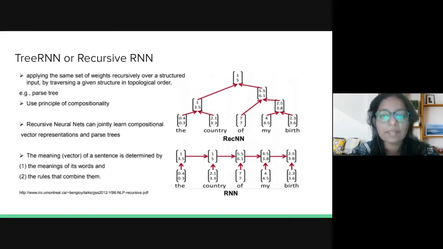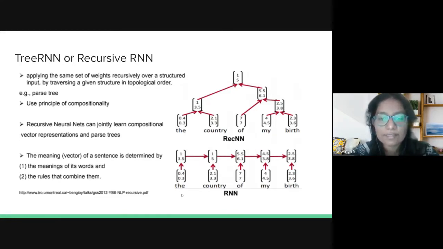In the sense that, if I use the sentence, the country of my birth, then the vectorial representations of the sentence should compose to another vector which represents the sentence. Once again, I should be able to deconstruct and get the final sentence as well.